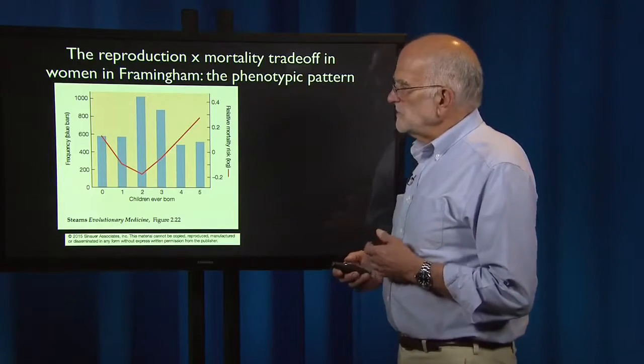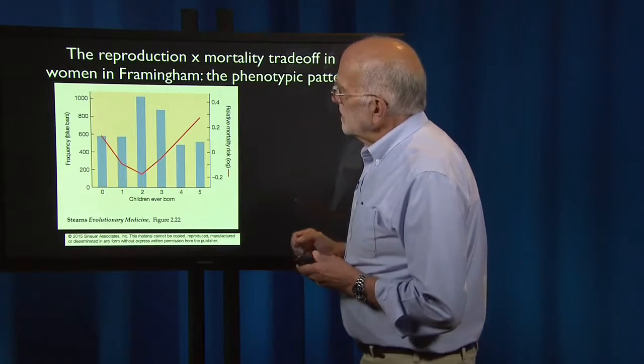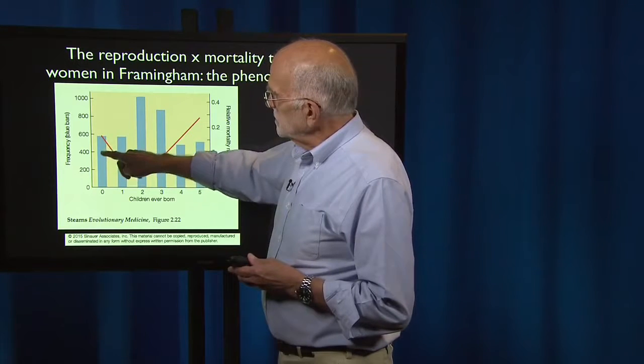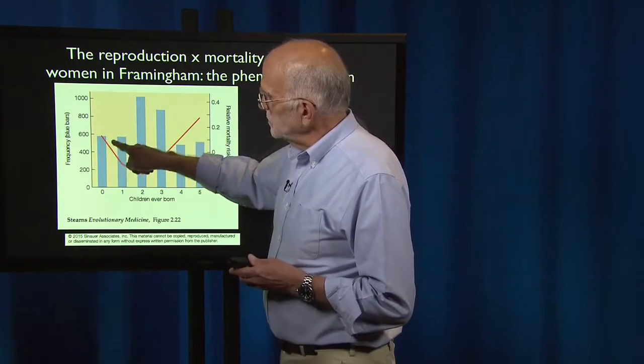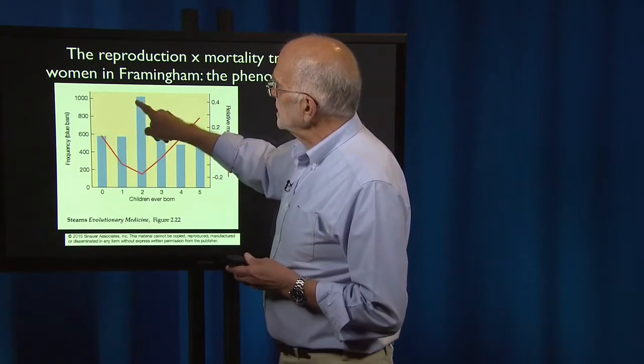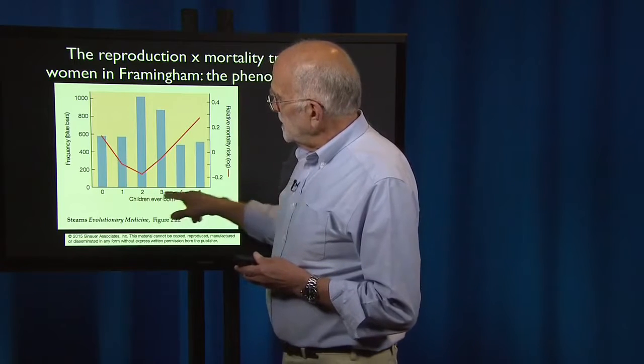Let's take a look at the phenotypic trade-off in women. Here are the number of women for whom fecundity was observed in Framingham, Massachusetts. Those are the blue bars, so you can see that ranges between about 600 and about 1,000. These are the number of children that they had per lifetime.